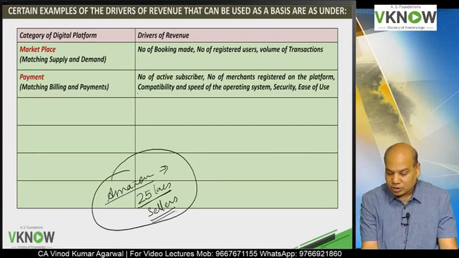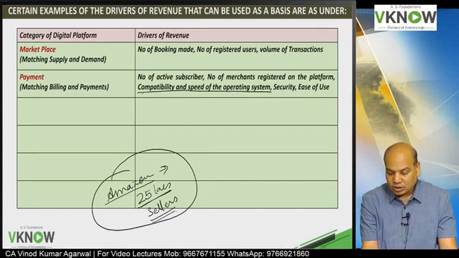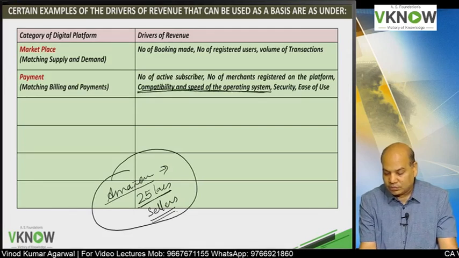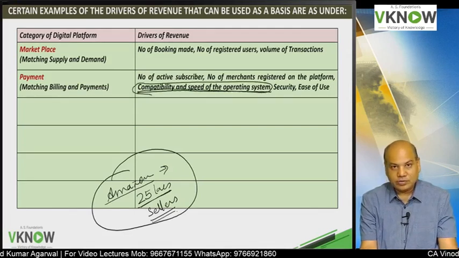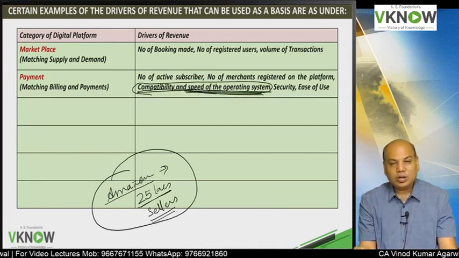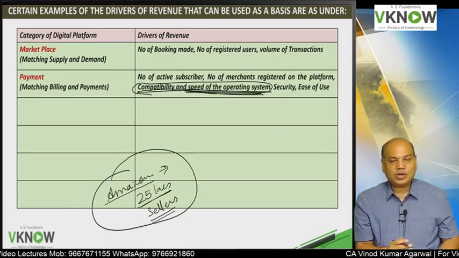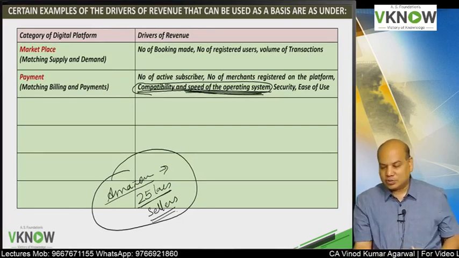Then it depends on compatibility and speed of the operating system, that is, how friendly your operating system is. When you go to a website, you should be able to find what you are looking for very quickly, otherwise the user will lose patience and can go to another website.